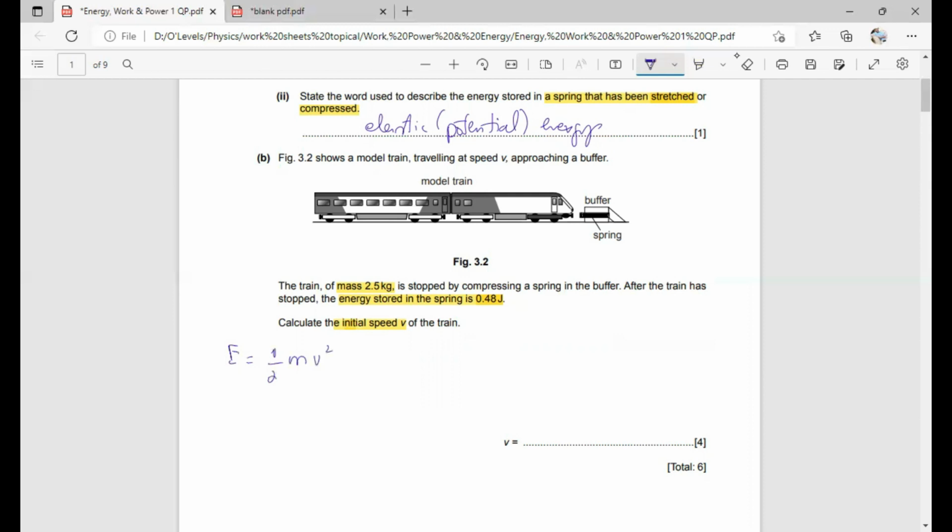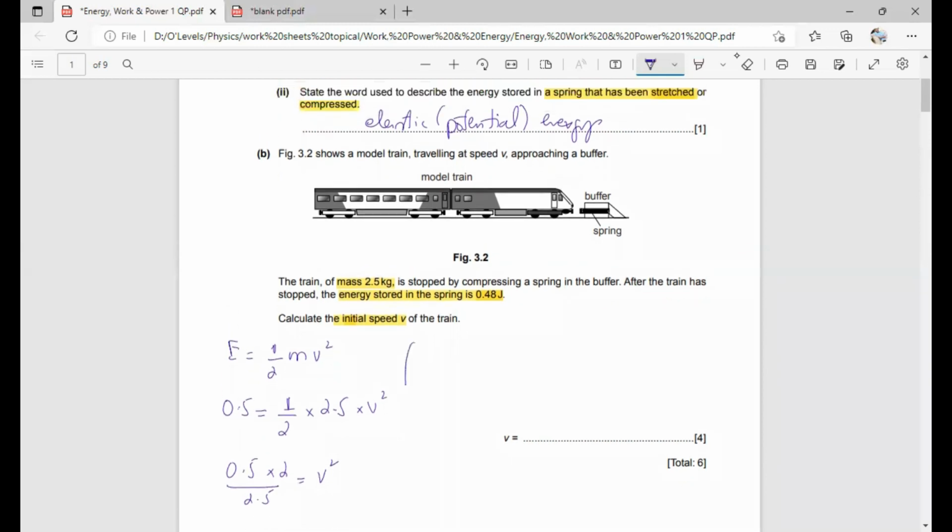If we have the value of energy, that is 0.5 times 0.48 equals 1.2 multiplied by 2.5 into v square. So 0.5 multiplied by 2 over 2.5 is equal to v square.